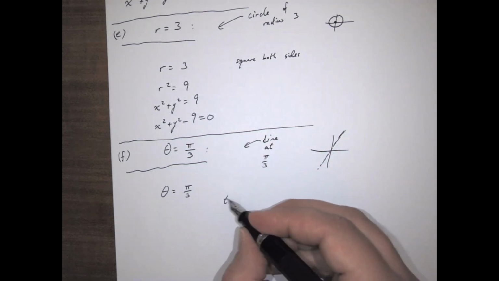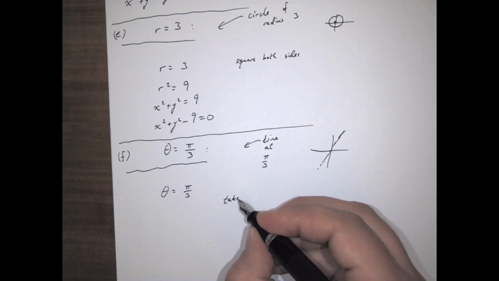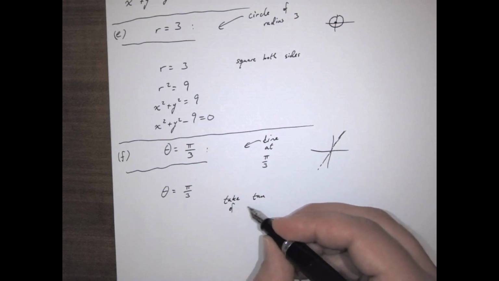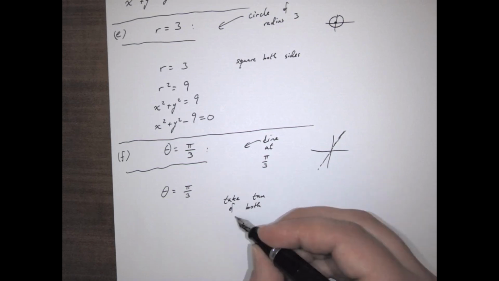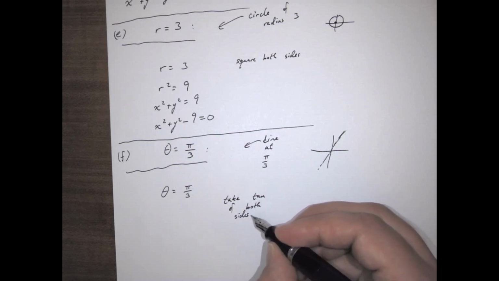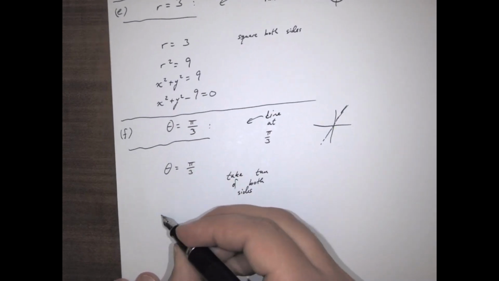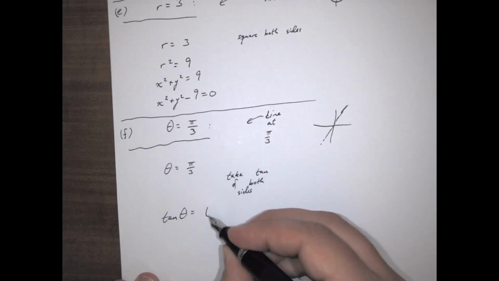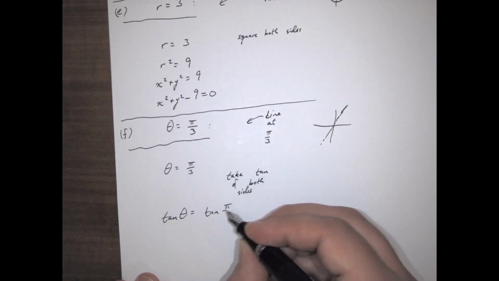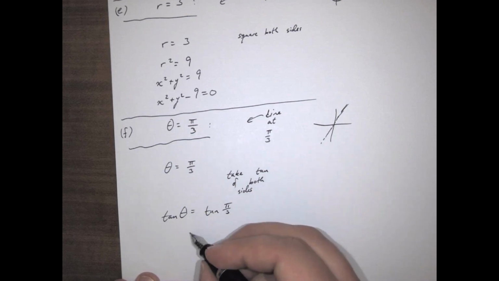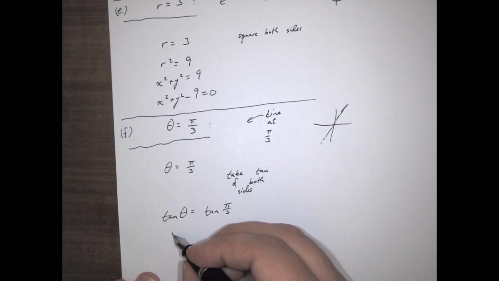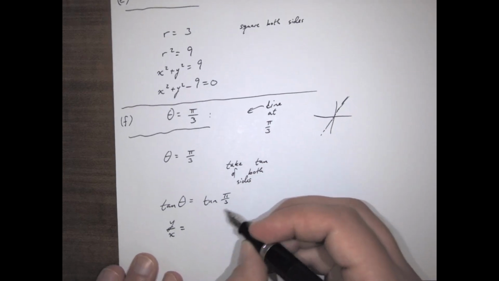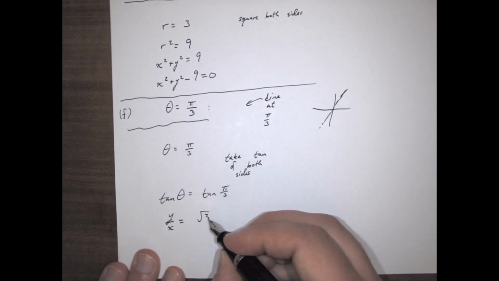But if I were to take the tangent of both sides, then what I'd have is tan theta equals tangent of pi over 3. And so then that gives me y over x is equal to tangent of pi over 3, which is the square root of 3.